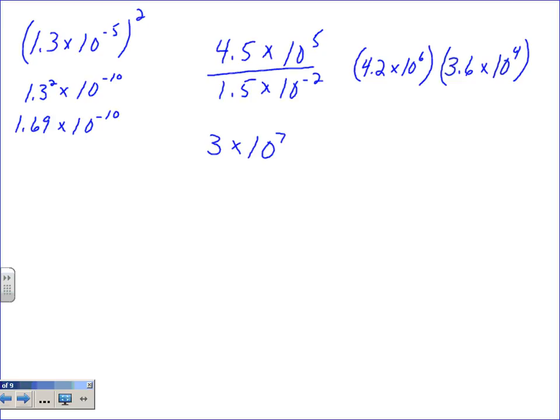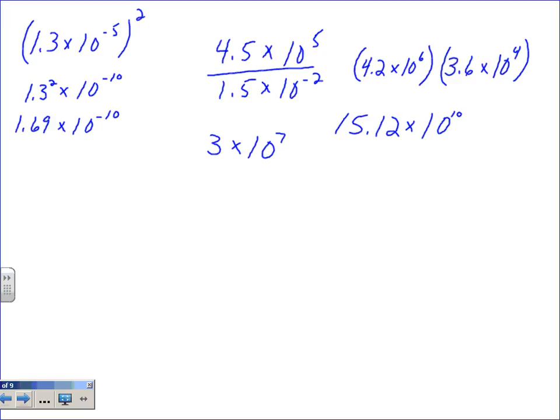Now there's a couple different ways we can do that. All right, and I'm going to show you both ways. First of all, if I multiply 4.2 times 3.6, can you tell me what we get? 15.12 times 10 to what power? 10.